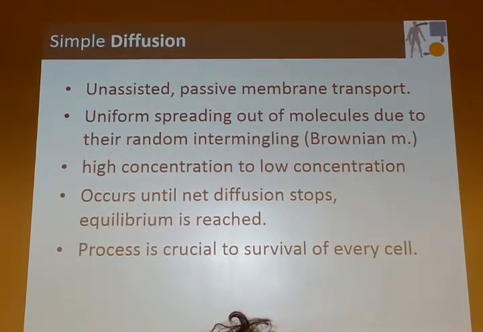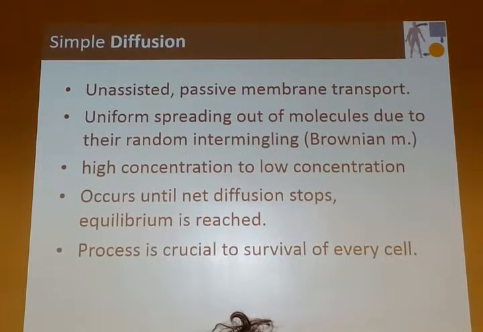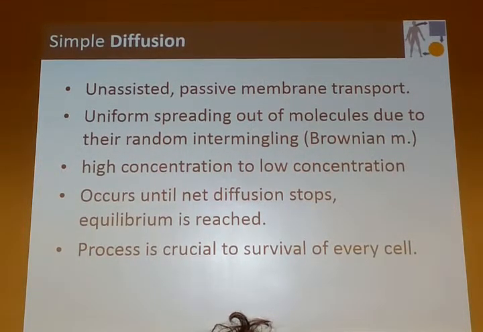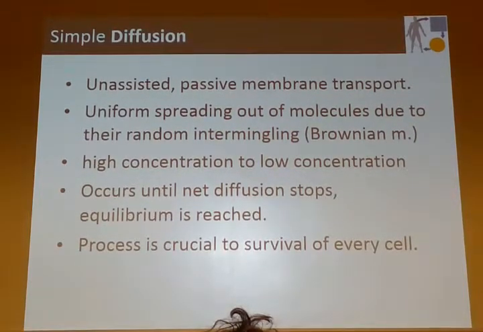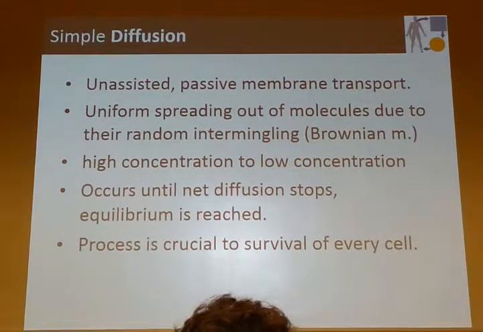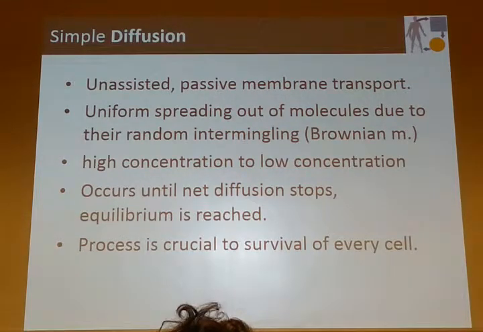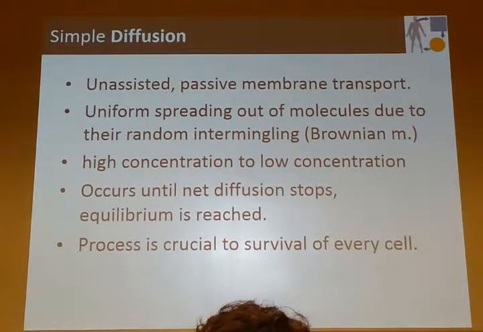Brownian motion, I think physics and chemistry use that term, is a random movement of particles that aren't attached to other things. They will move based on their heat, their concentration, and the volume that they have to move in.